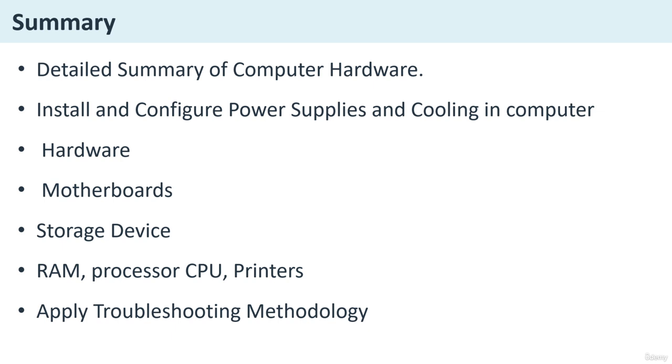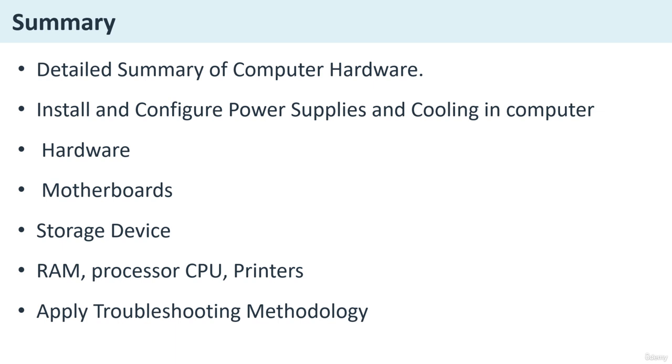Number three is modular power supply. It allows you to detach unused cables for better cable management. And number four is non-modular power supply. Here, all cables are permanently attached, so you cannot remove any cable in this kind of power supply.